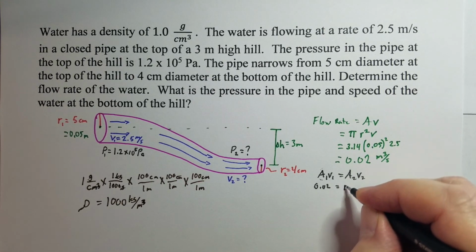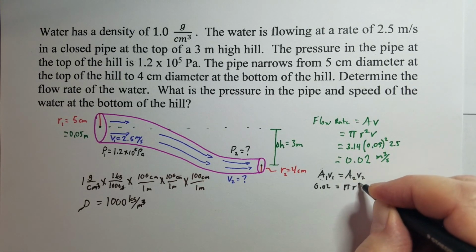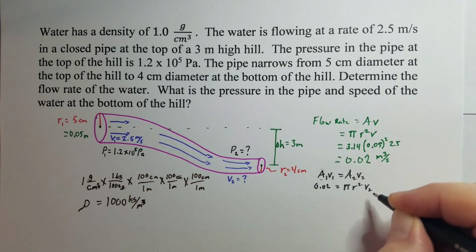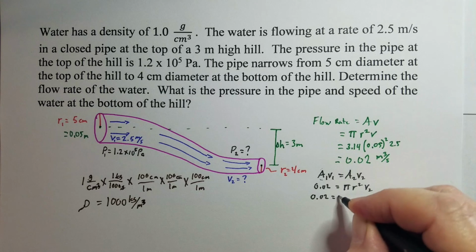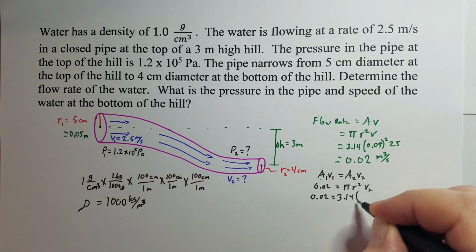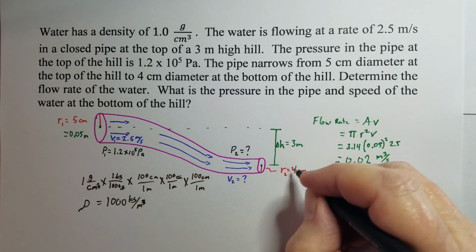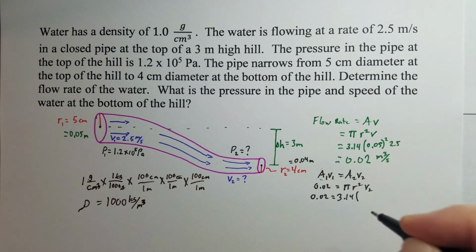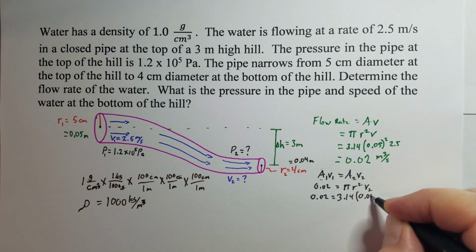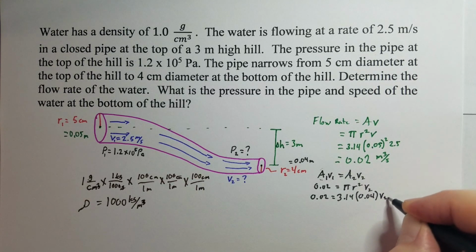So we know area is pi r squared times our new speed. So 0.02 equals pi, 3.14, times our new radius, which is down to 4 centimeters, so that's the same thing as 0.04 meters, and we find our new speed.